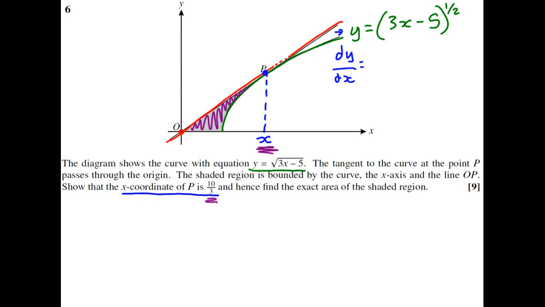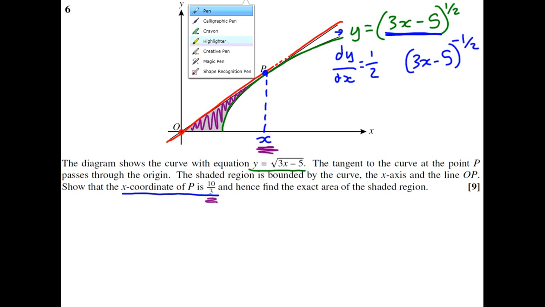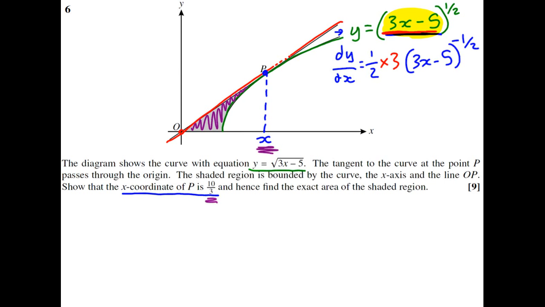So we're going to get, because it's something to the power of a half, times that thing to the minus a half. If your thing is not just, say, x on its own, you need to use the chain rule, and you need to times by the differential of this thing. So differential of 3x minus 5 is 3. So that's it differentiated.